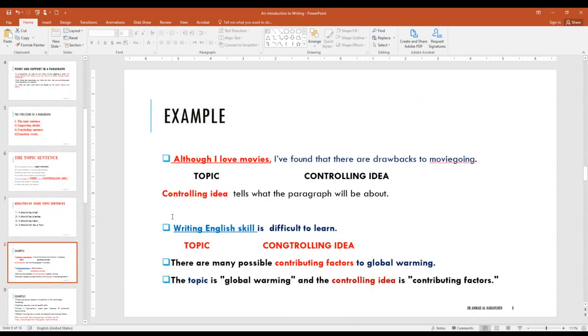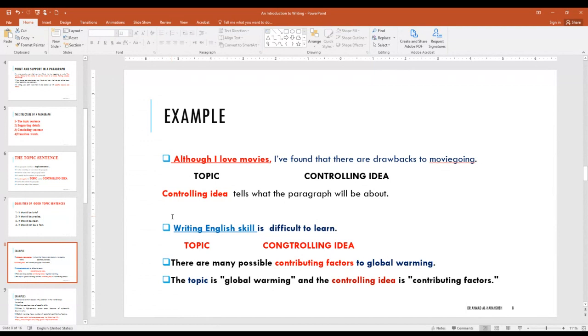Now, examples on the topic sentence. Although I love movies, I have found that there are drawbacks to movie going. If we look at this topic sentence, it consists of two parts.